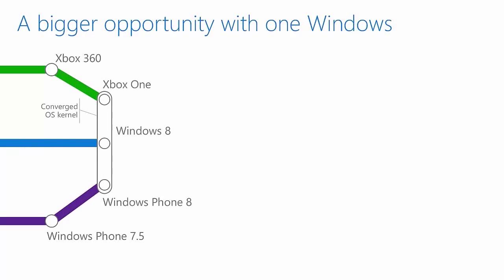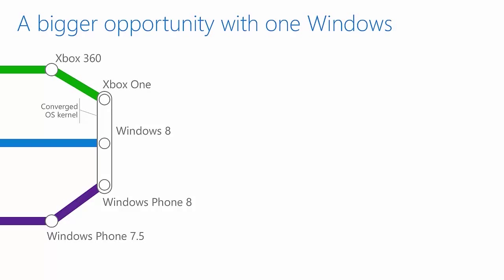With Windows 8, Windows Phone 8 and the Xbox One, things started to change because we introduced a converged OS kernel, meaning that the kernel of the operating system that runs under the hood on every platform is the same. However, in this release we still had differences when it came to creating an application.